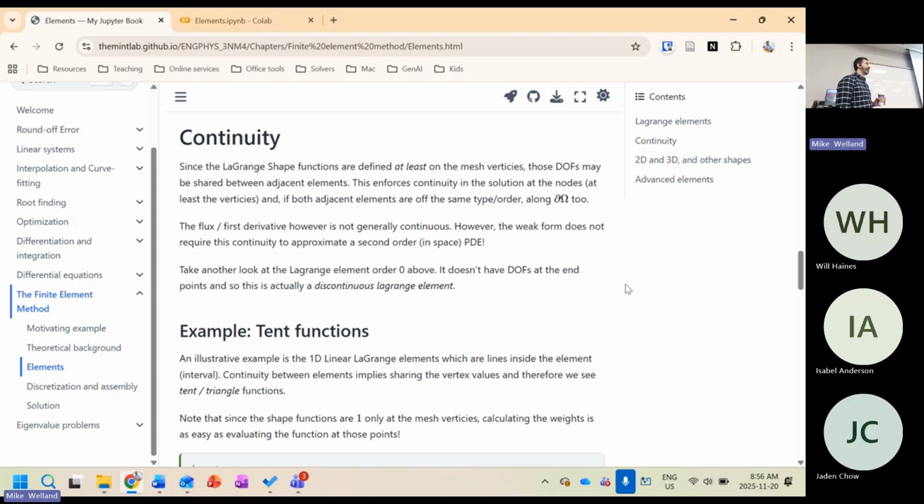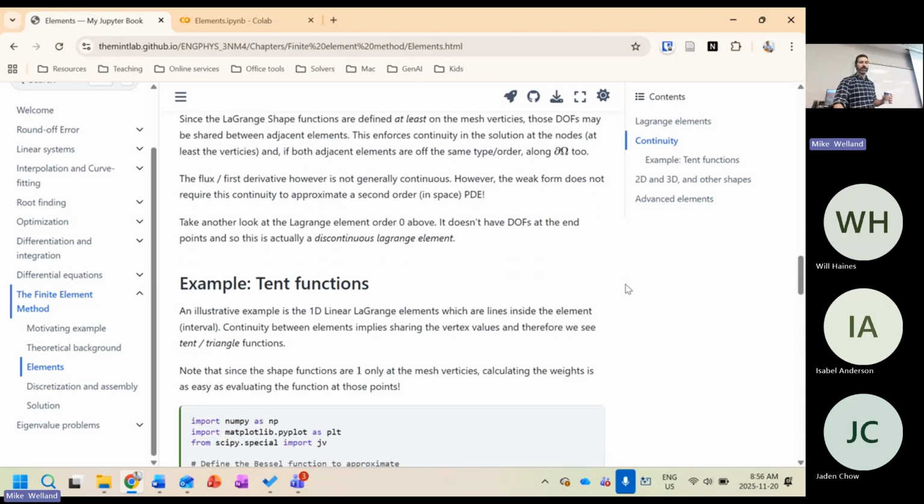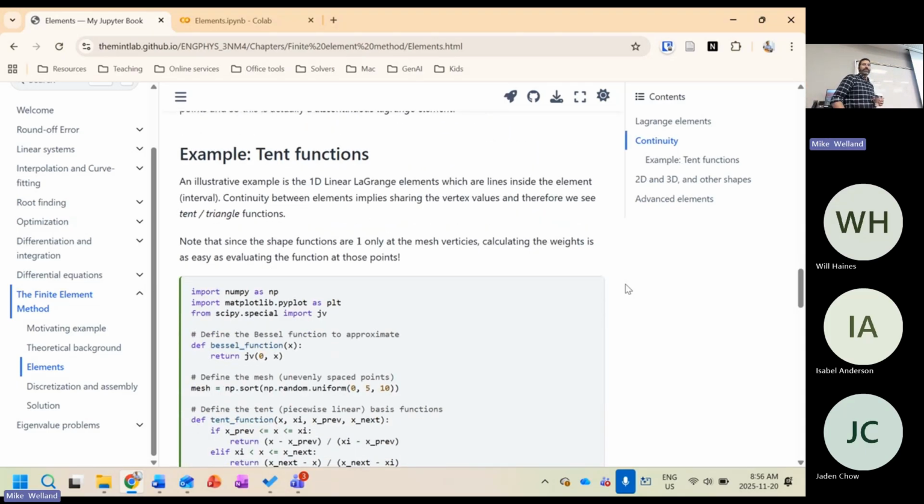Because advection that features sharp gradients tends to kick up a lot of noise when you try and do anything with it. And these discontinuities actually damp out the noise. Unfortunately, you've also increased the number of DOFs in your system, right? Because now you've got 1 and 2 on the other side. Again, more advanced topics.